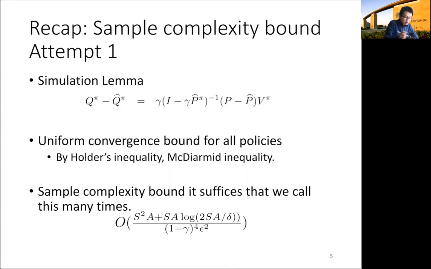Recall that we've proven this simulation lemma, and it has a very interpretable form, which says that if you consider an approximate MDP, the Q function of the approximate MDP for a given policy pi is close to the Q function of the original MDP, as long as P and P hat are close to each other.